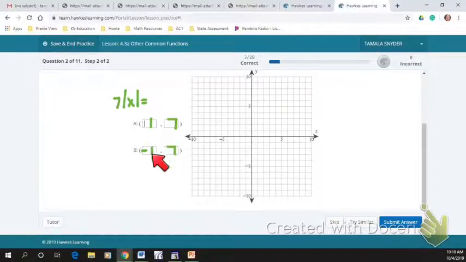Whenever that happens, when you plug in opposites and you get the same number, that's called an even function. Okay? Even functions fold over the y-axis. So see, (1, 7) is right here, (-1, 7), so it's a really steep-shaped V. And so anytime something folds over the y-axis, that makes it an even function as well.